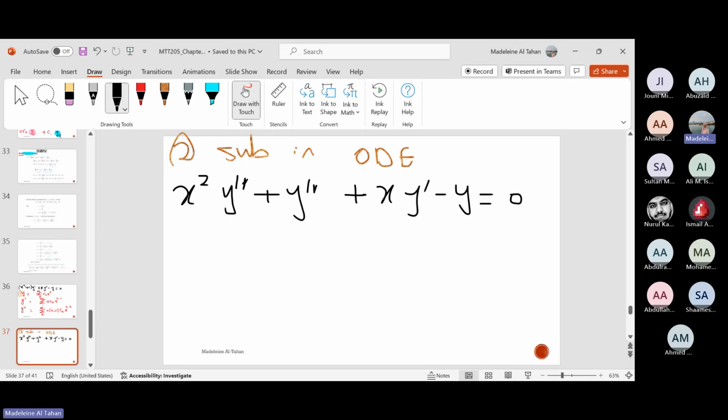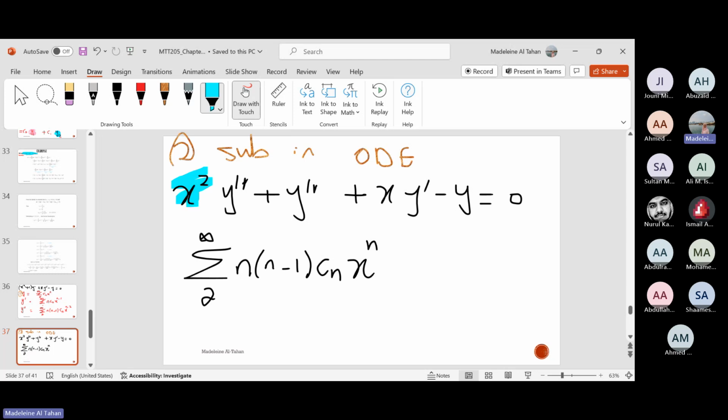X squared y double prime is sigma from 2 to infinity n into n minus 1 Cn xn minus 2 and x squared outside. What will we get, miss? Xn. Right? Okay. So how many series here we are getting? We will get 4 series.